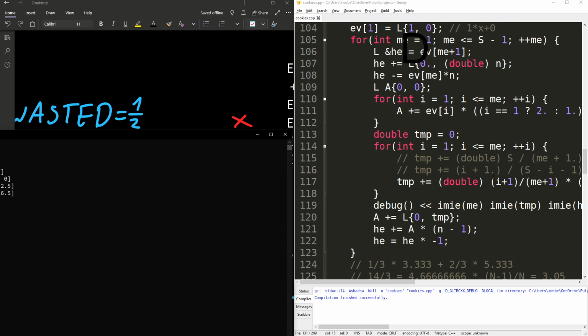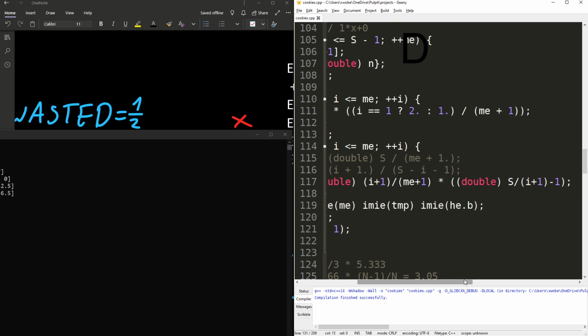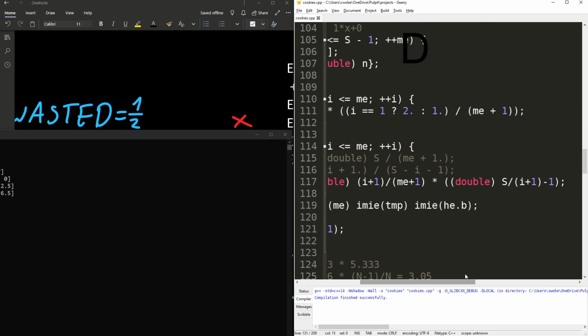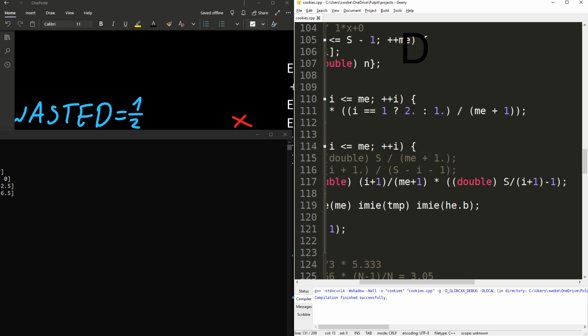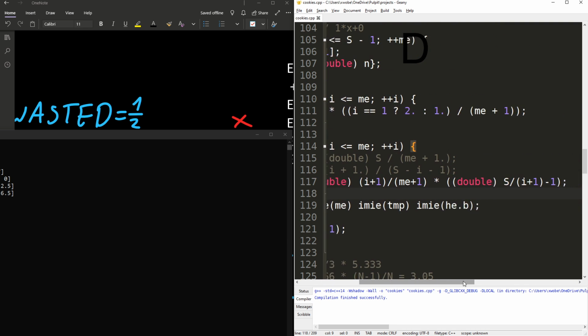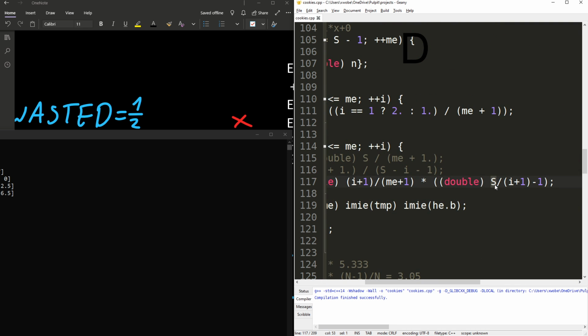Yeah. I plus 1. For I equal to 2, this is 1, this is 0, correct. But for I equal to 1, the wasted time here is 3 over 2 minus 1, this is half.